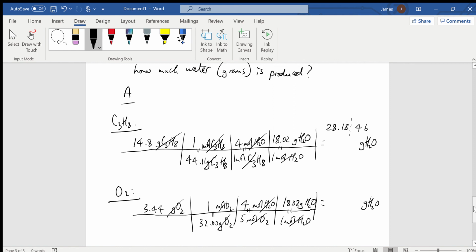So multiply 3.44 by 1, by 4, by 18.02, divide by 32, divide by 5, divide by 1, 1.5497. So clearly one of them is smaller. So clearly that is the smaller quantity.